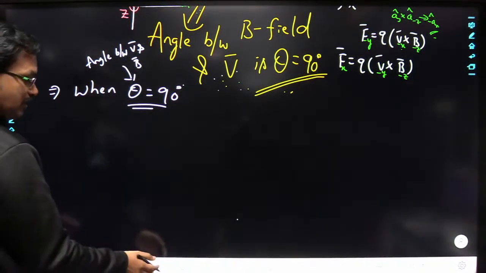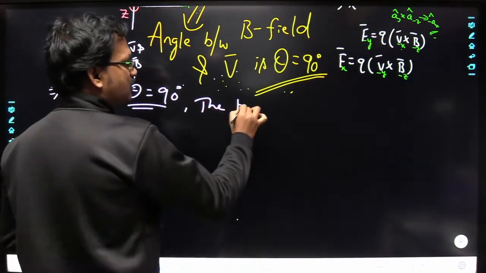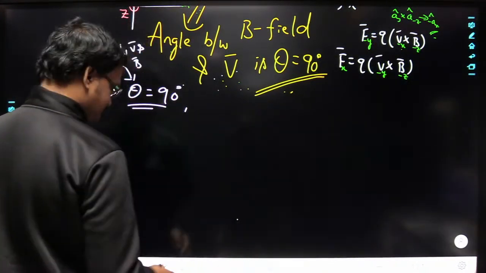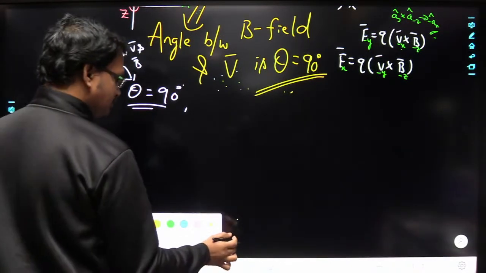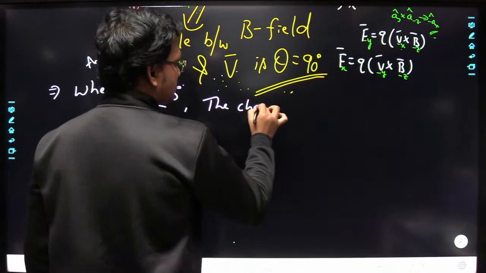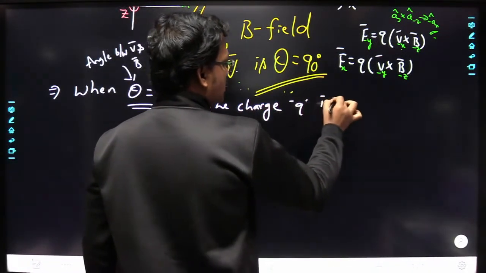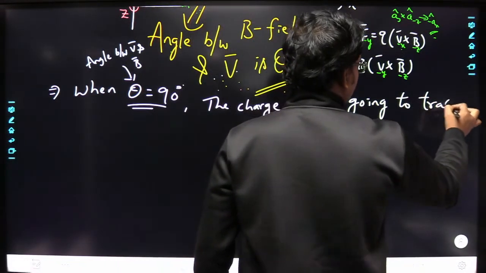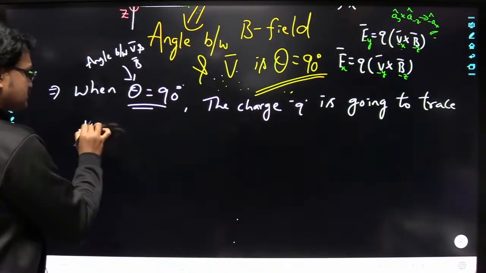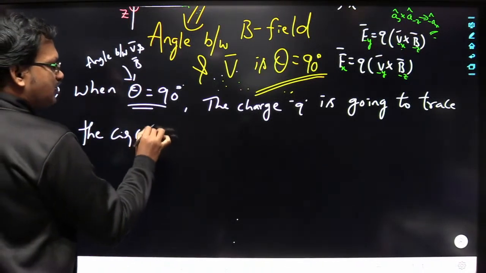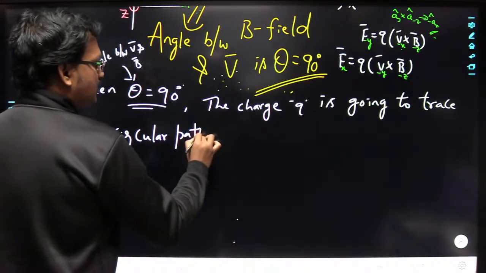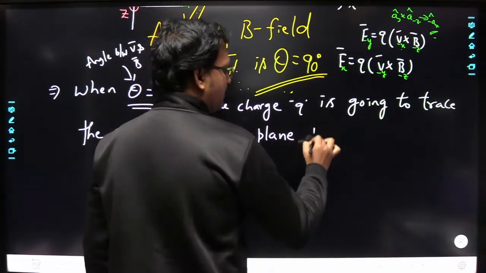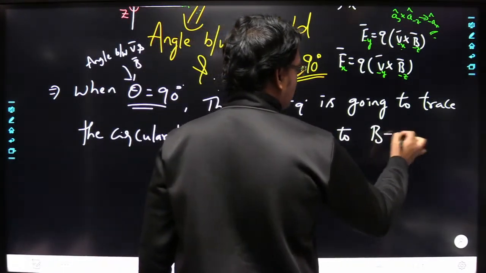So when theta equal to 90 degrees, the charge Q is going to trace the circular path in a plane perpendicular to B field.